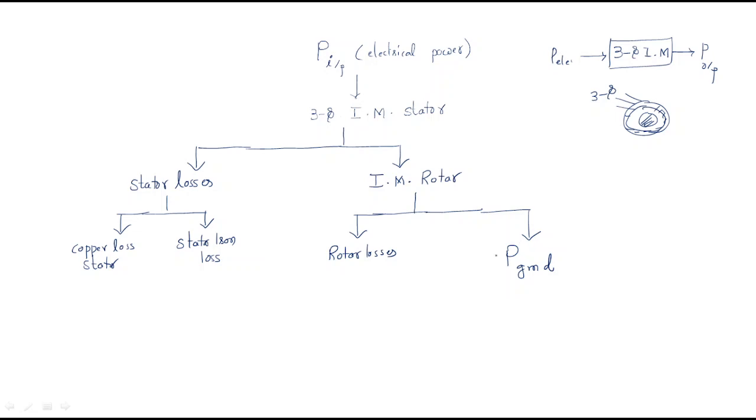Here rotor losses are two types: one is rotor copper loss, and we have rotor iron loss. But iron loss is negligible because it depends on slip times frequency. Slip is very small, so rotor iron losses are negligible. The gross mechanical power developed is nothing but the mechanical power.